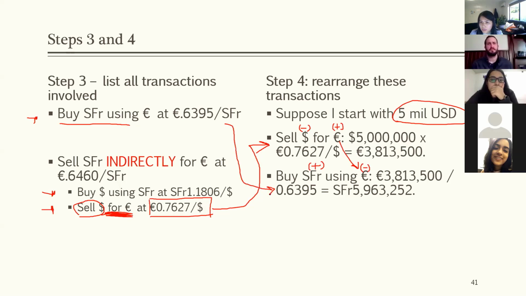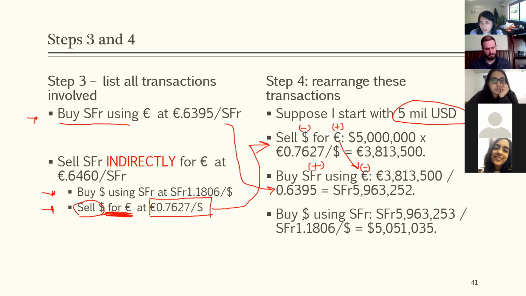Okay. So once I've got the franc from the second step, I'm going to use it to buy the USD to close the loop. Okay. So here I'm using the franc to buy the USD. And that will be my last transaction here. So going through these transactions, I have ended up with a dollar figure.